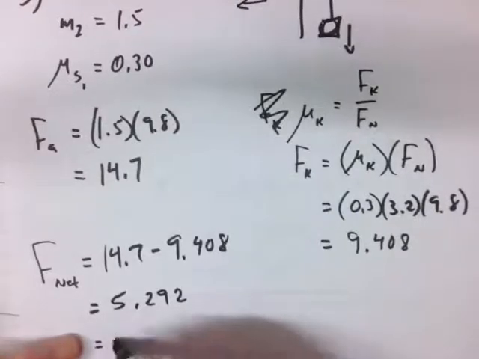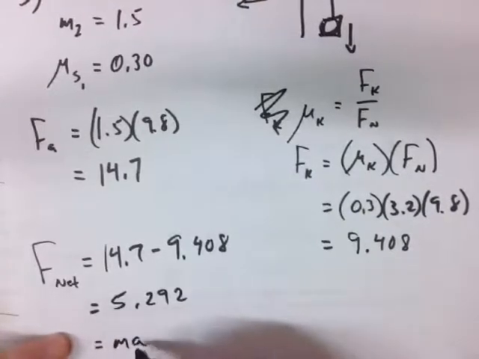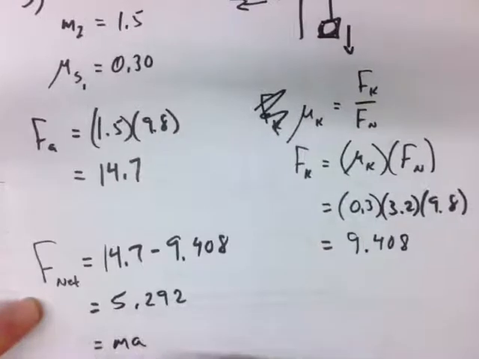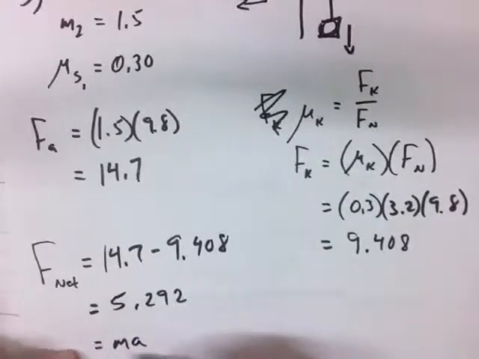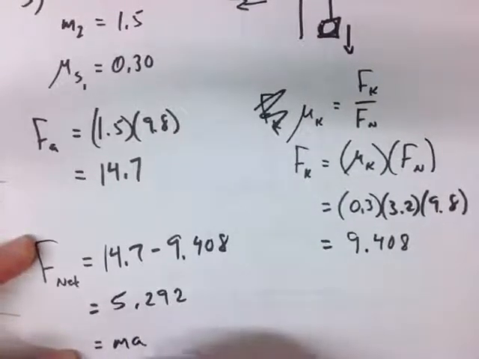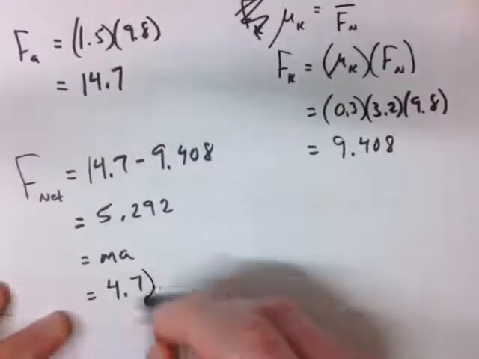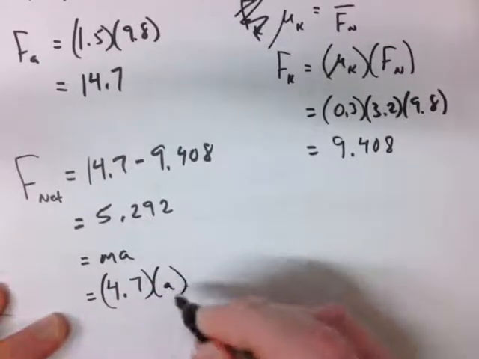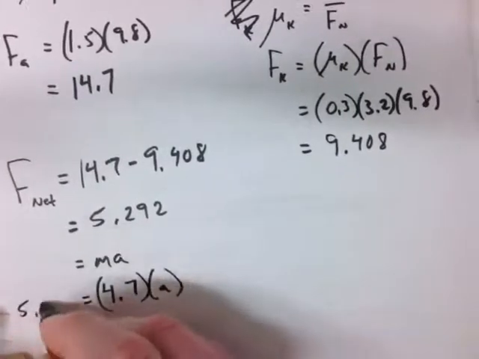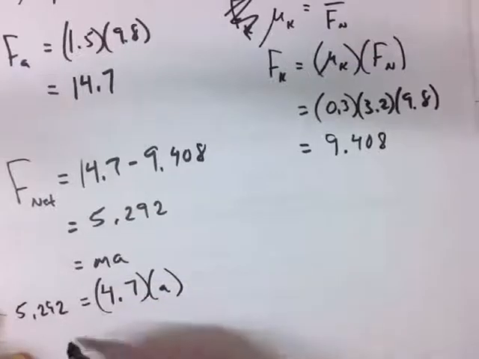Now this will equal mass times acceleration, so we can solve for our acceleration, which is the mass of both of these bad boys. So that's 4.7. Just did that in my head quickly. 3.2 plus 1.5, 4.7 times acceleration. This is 5.292, so divide both sides by 4.7.